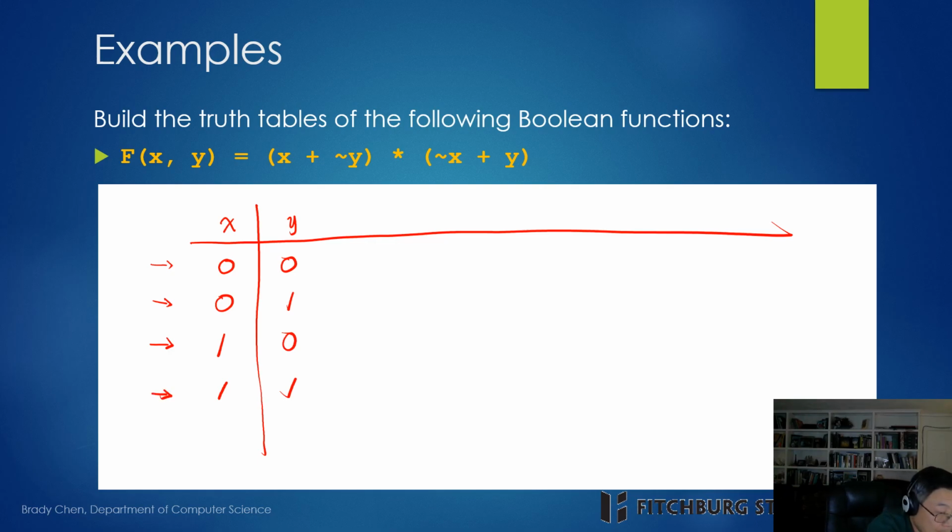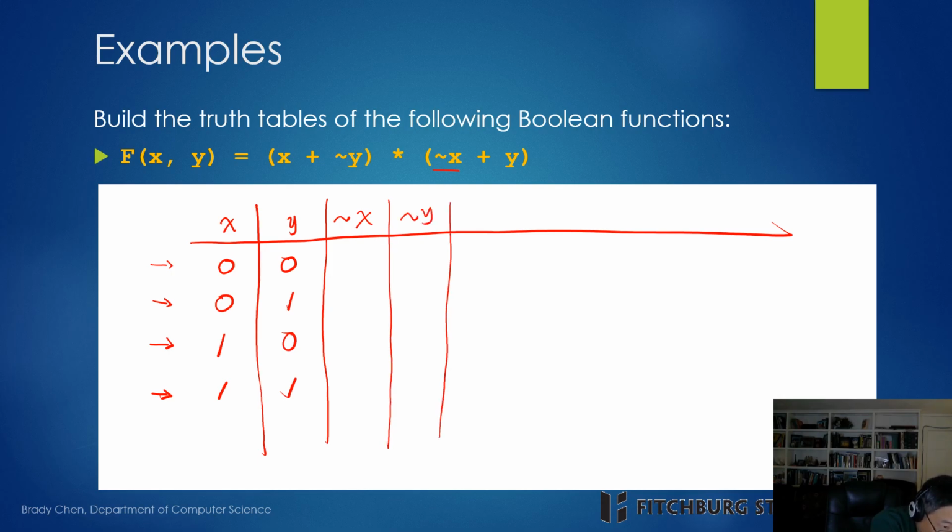Okay. So for two variables x and y, we find there are 4 different combinations. Now to build this table, to calculate f of x and y, we just need to calculate each of the components. The first thing we need to calculate is the tilde, right? The tilde has the highest precedence. So tilde x, tilde y.